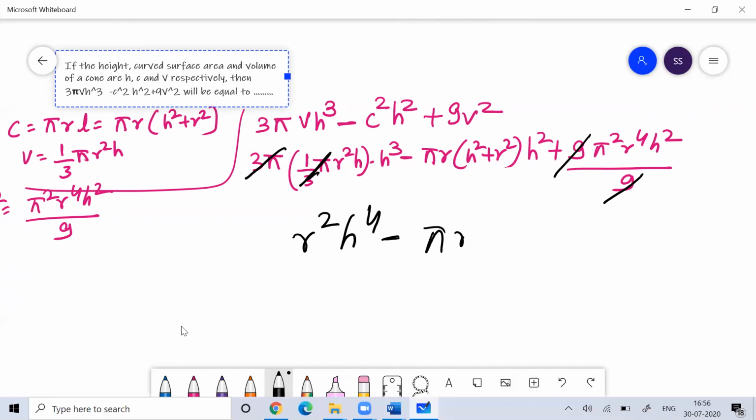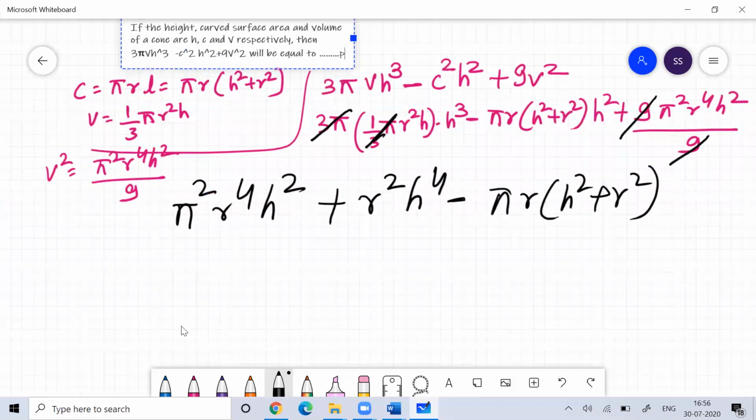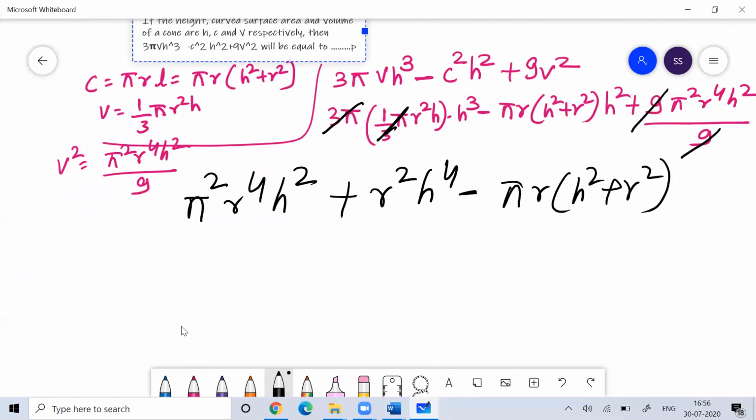This is pi r square plus r square, and this is pi square r to the power 4 h square. If this is pi r h square, no, this is pi r h square.